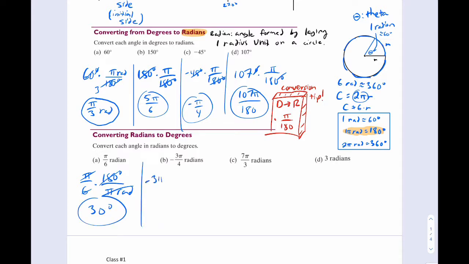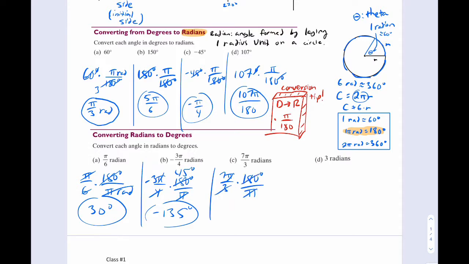Next one, negative 3 pi over 4, multiplied by 180 degrees over pi. The pi's cancel. We reduce that to 45, negative 135 degrees. Next one, 7 pi over 3, multiplied by 180 over pi. Your pi's cancel. That reduces to 420 degrees.